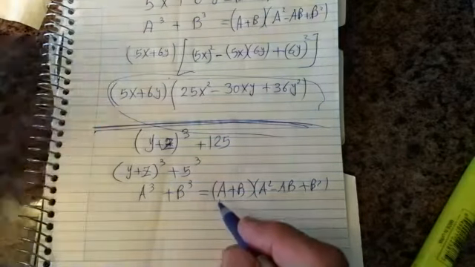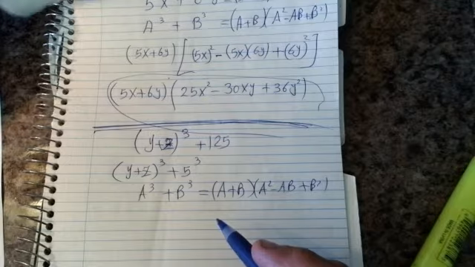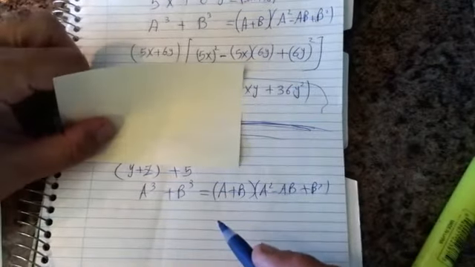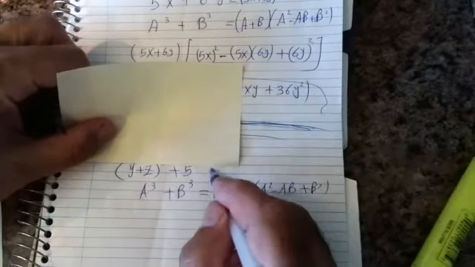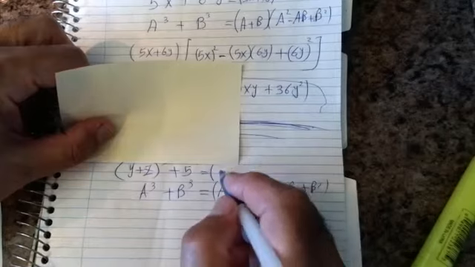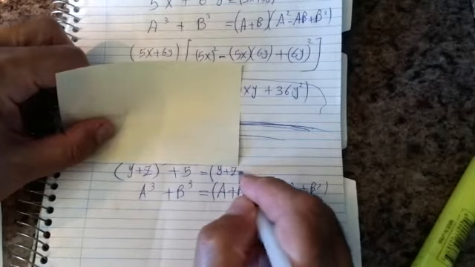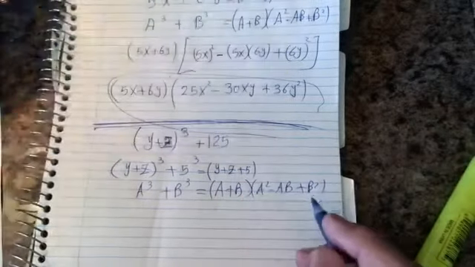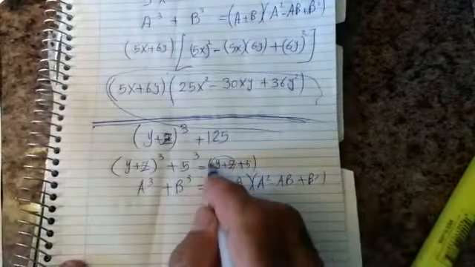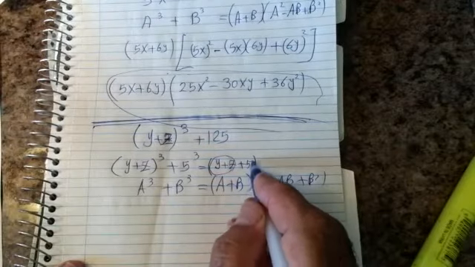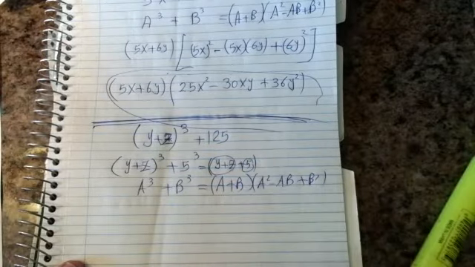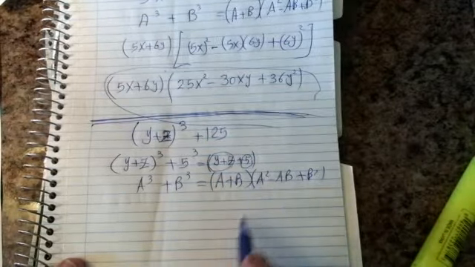So what is your A and B when you hide the 3? The first parenthesis is y plus z plus 5. See? So what is your A? y plus z. What is your B? 5. So what is A to power of 2?